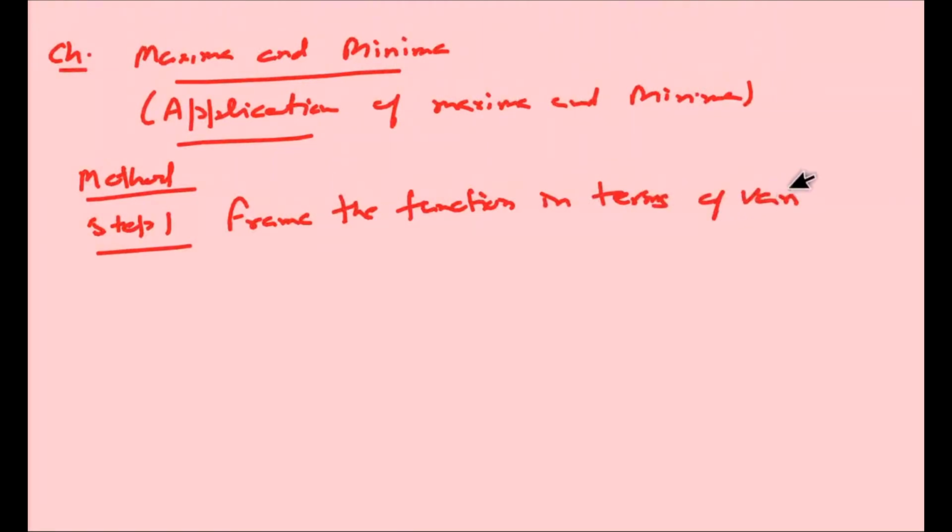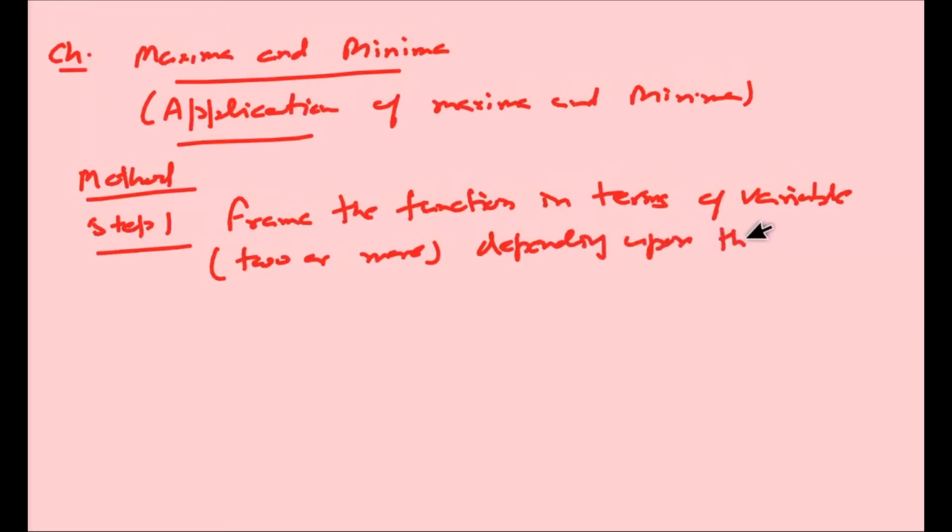What we have learned here, when we do the sums, you will understand this more. Variables may be 2 or more, depending upon the data as given in the questions. You have to first frame a function in one or more variables.